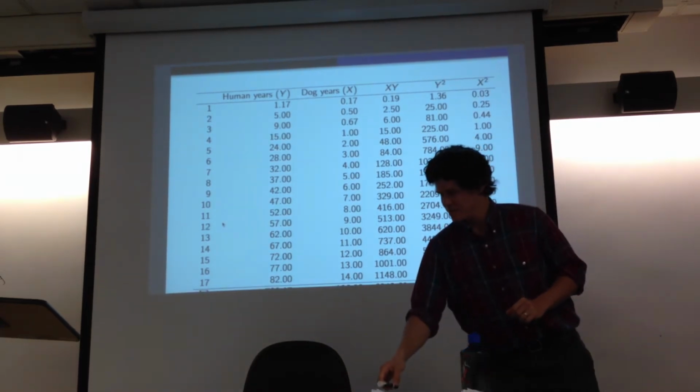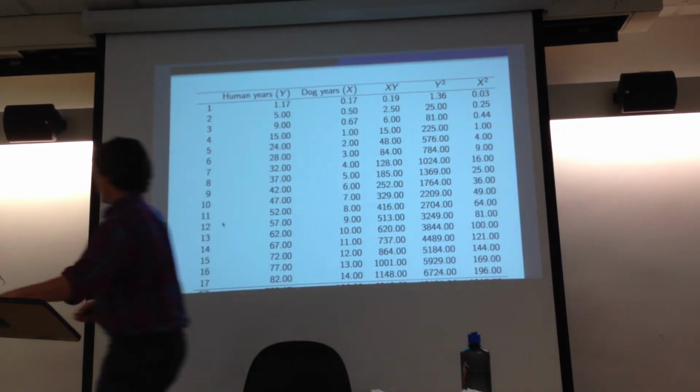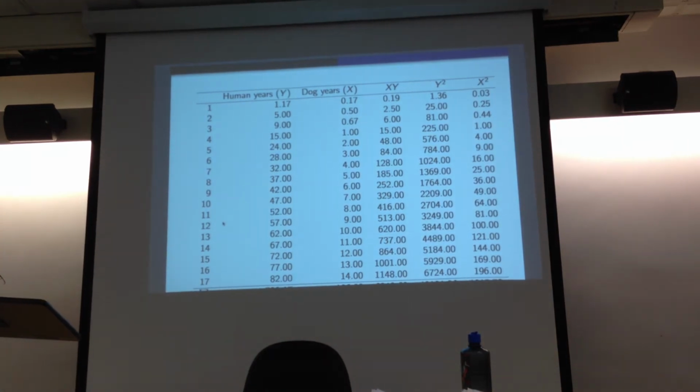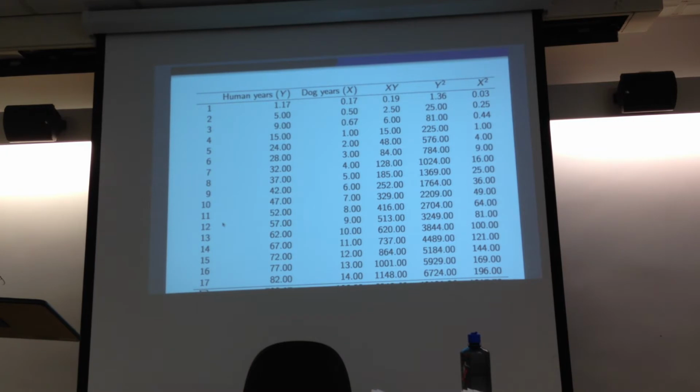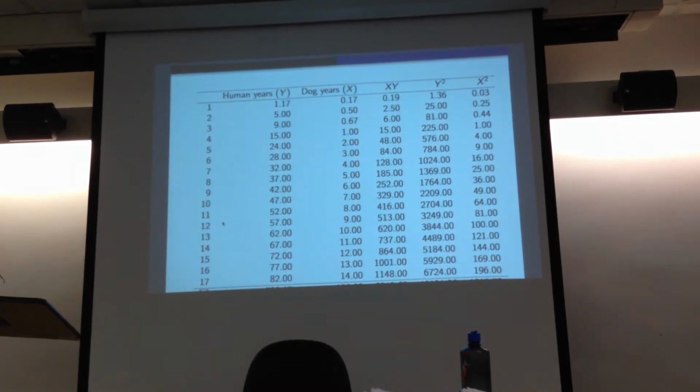So this is actually the true relationship, and then what's always quoted is just a constant slope of 7 here. This is what's assumed, right?